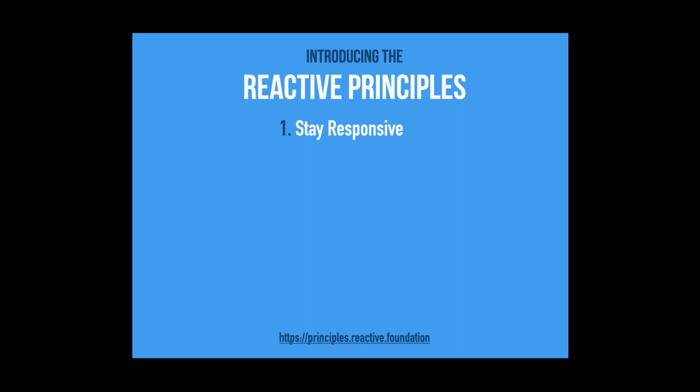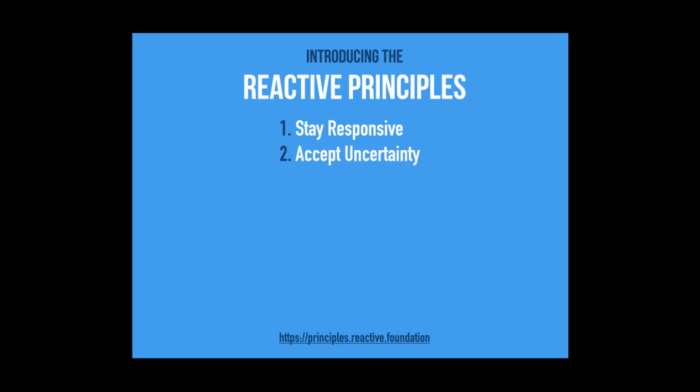So for the remainder of this talk, I'm going to introduce what I think are the 8 most important reactive principles, or the 8 most important principles to build applications for the cloud successfully.